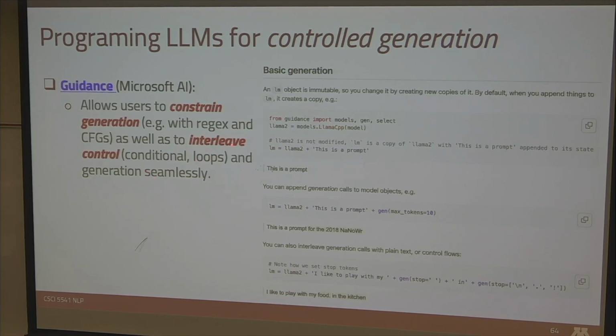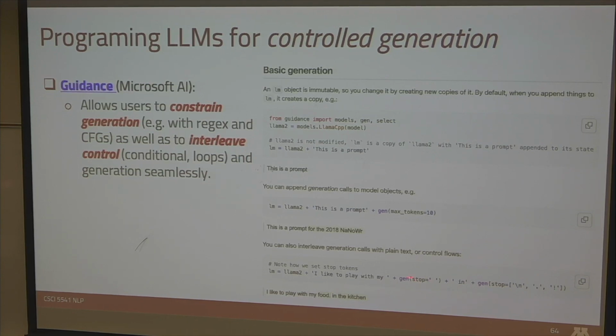And then it has built-in capabilities to do conditionals and for loops and so on. So this is a basic usage here. So the prompt, and then if you call the generation function, gen, with max tokens 10, it will generate up to 10 tokens.